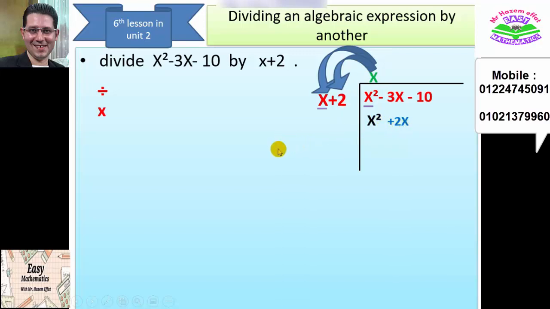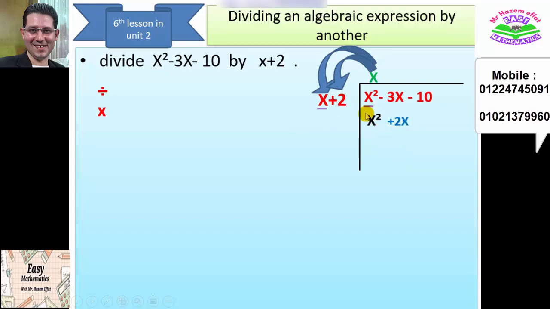And the third step, we must subtract x power 2 plus 2x from x power 2 minus 3x and keep negative 10 as it is. When we subtract, don't forget this rule: we must change both signs of these algebraic terms.